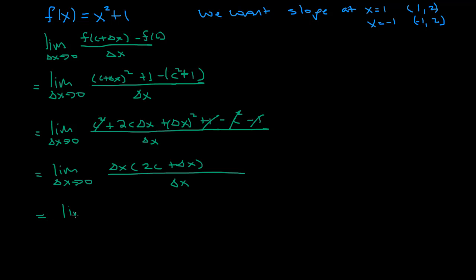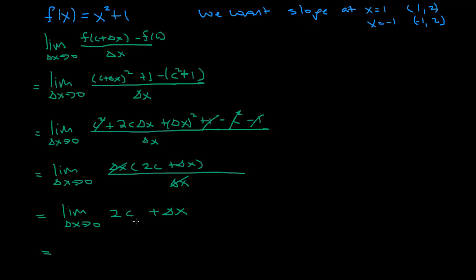Okay, limit as delta x approaches 0. We can divide out that delta x, leaving us with, oh, not a fraction. Sorry, divide that out, leaving us with 2c plus delta x. And what is the limit as delta x goes to 0? Well, this is a nice linear function.